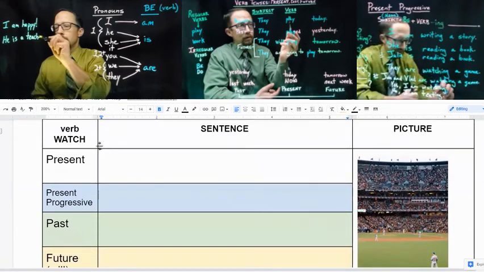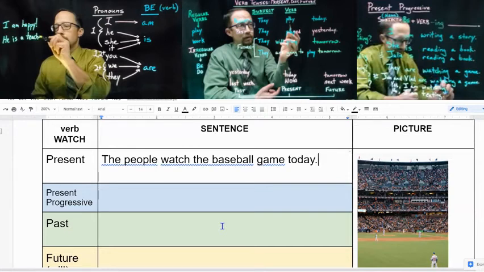Now we have the verb watch. Oh, these people watch the game, right? So we can say something like, the people, there are many, two or more, right? There are many people. So we say many people watch the baseball game, and let's say today. Many people watch the baseball game today.